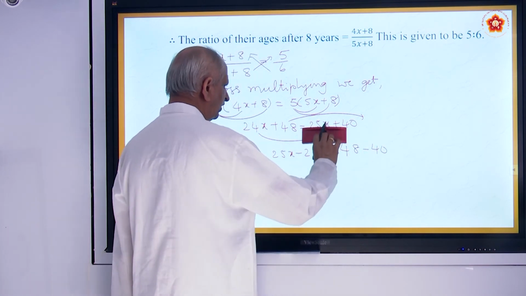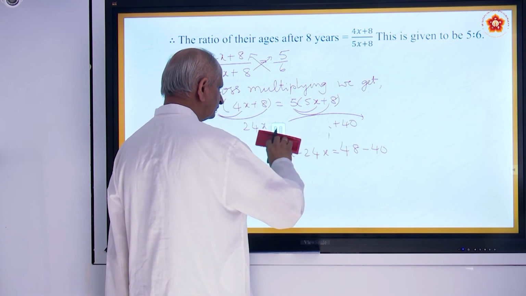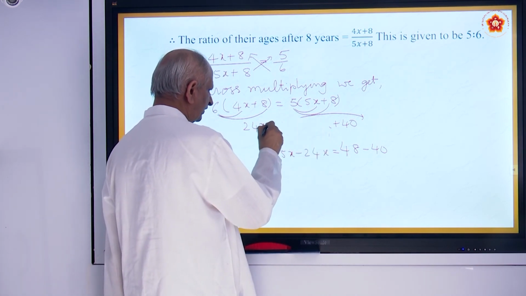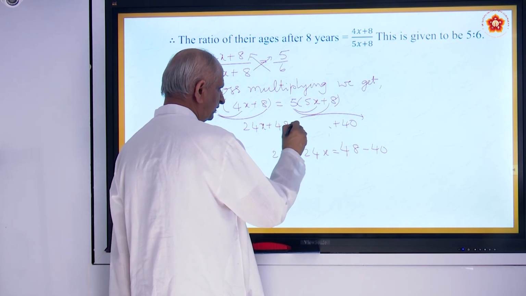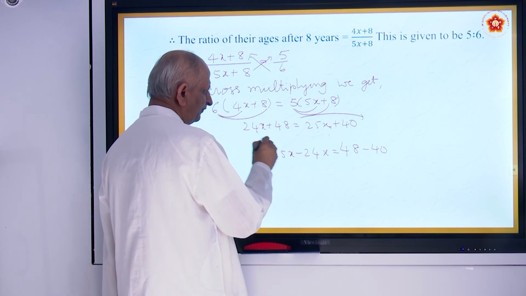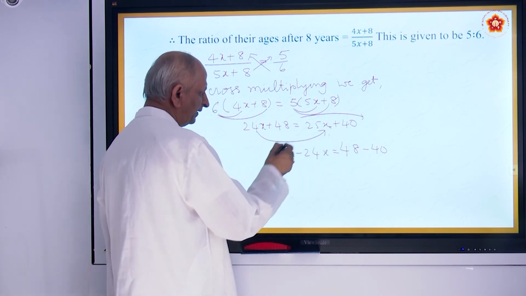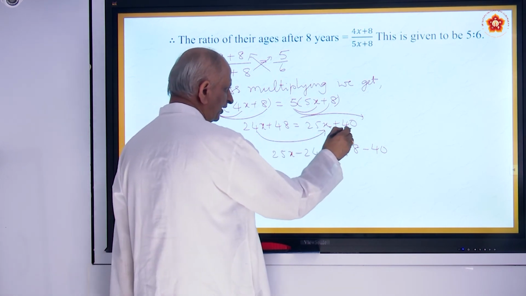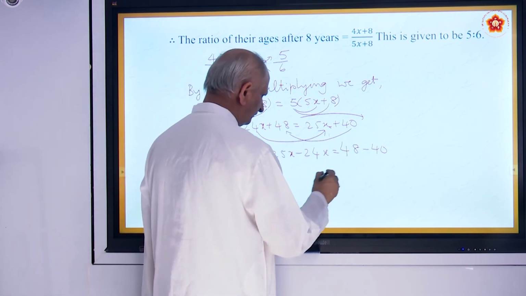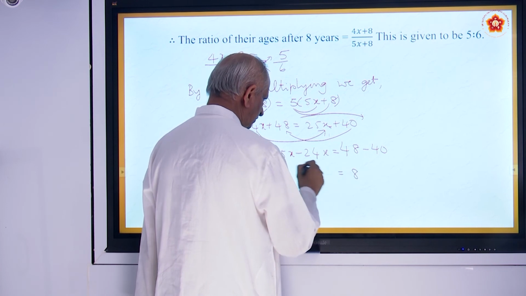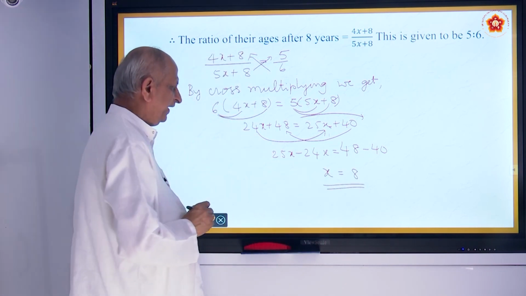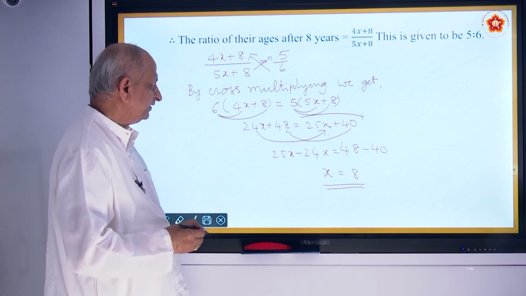So 24x plus 48 is equal to 25x plus 40. Now 24x we brought here becomes minus, and 40 should be brought to the left side. So 48 minus 40 is equal to 8. So 1x is equal to 8, means x is equal to 8.